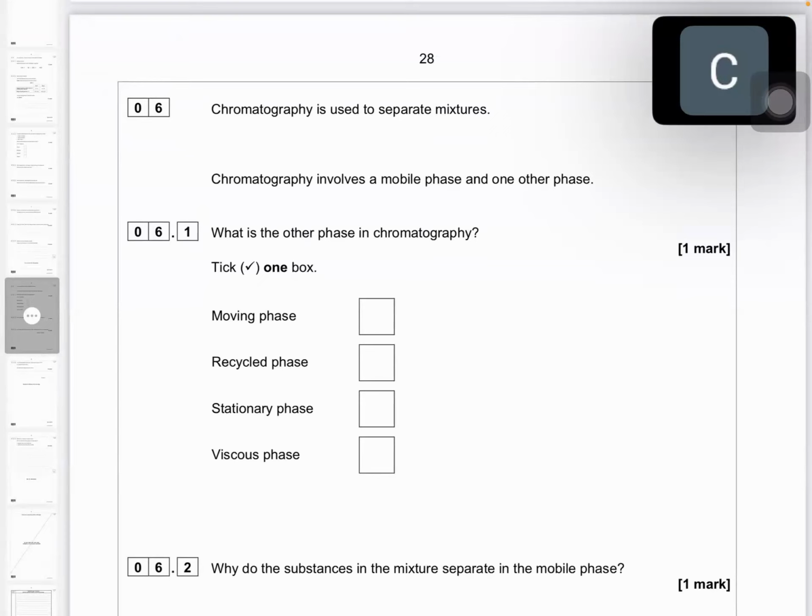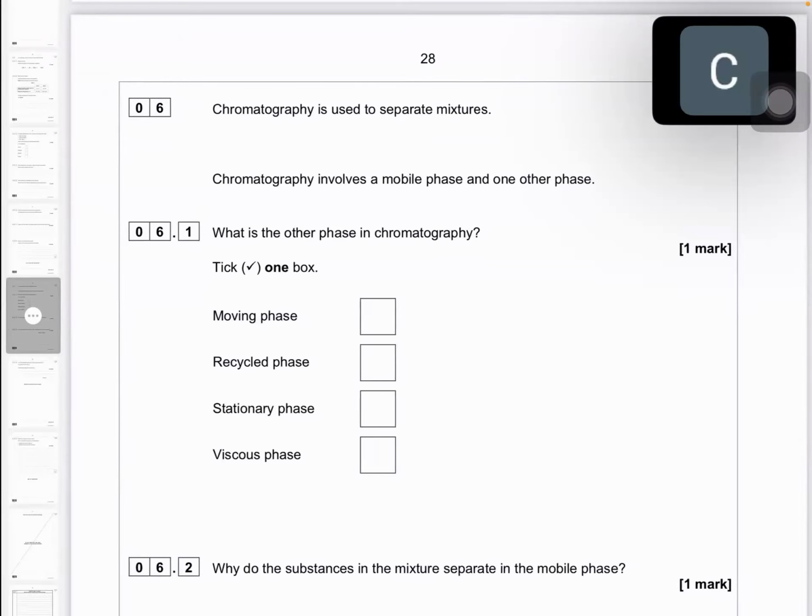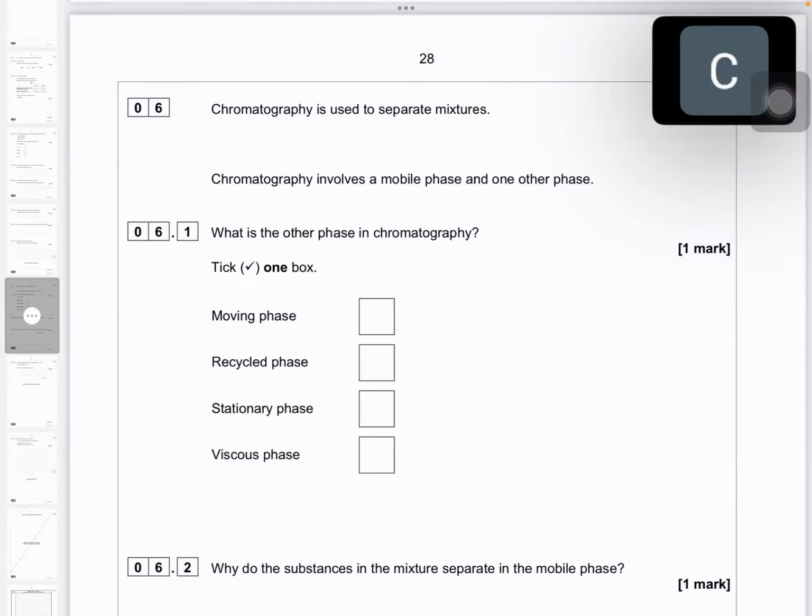Chromatography is used to separate mixtures. Okay, yes, it's a filtration technique. What does it say? And based on colors, it involves a mobile phase and one other phase. What is the other phase in chromatography? So of course, from the word chroma, we know it has to do with colors.